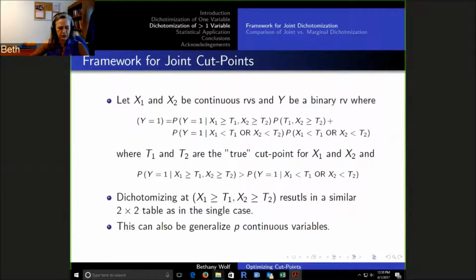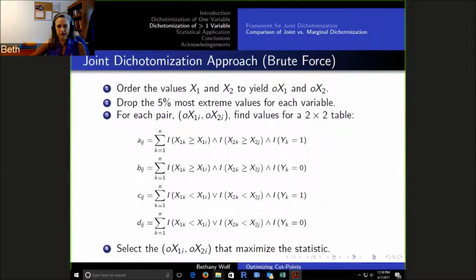For that top row in our first table, remember we said x greater than t versus x less than t. In this table, we would have x1 greater than t1 and x2 greater than t2. And our bottom row would be where one of those conditions isn't met. So either x1 is less than t1 or x2 is less than t2, or both of those things are not true. When we do that, we can then order the values of x1 and x2.